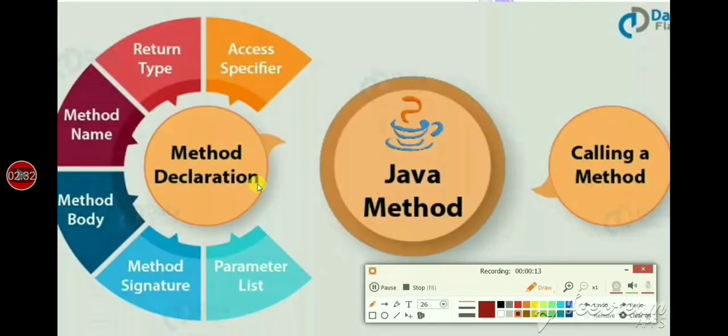Now let's see the method declaration. To declare the method we need these keywords: access specifier, return type, method name, method body, method signature, and parameter list. These keywords are used to declare the method.